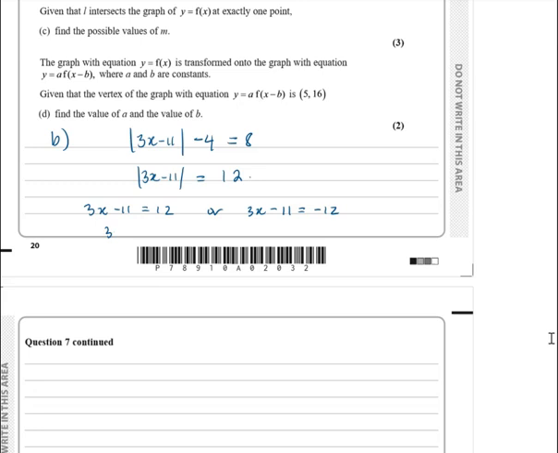So we have 3x equals 23, that means x is 23 over 3, and from here 3x is equal to negative 1, that means x is equal to negative 1 over 3. So you have two answers: x is equal to either 23 over 3 or negative 1 over 3. That's part B. I'll erase this and then move on to part C.